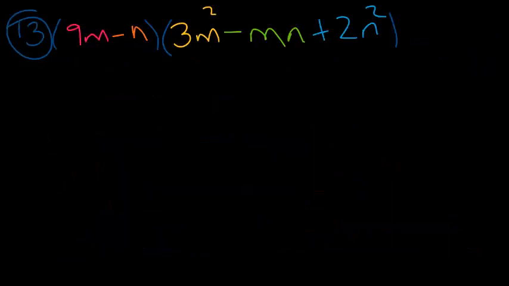Question 13. 9m minus n multiplied by 3m squared minus mn plus 2n squared. Starting with our pink, we are going to say our first term. So I'm going to write it out. 9m times, plus 9m times.